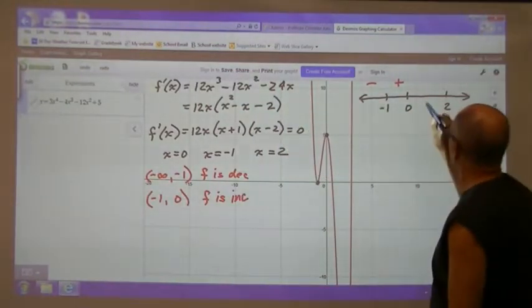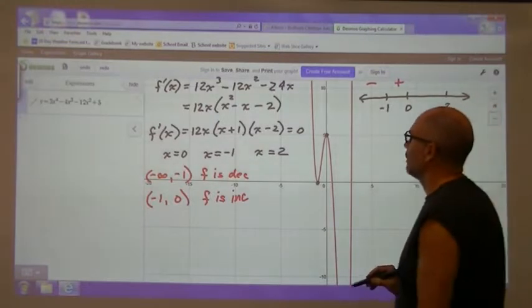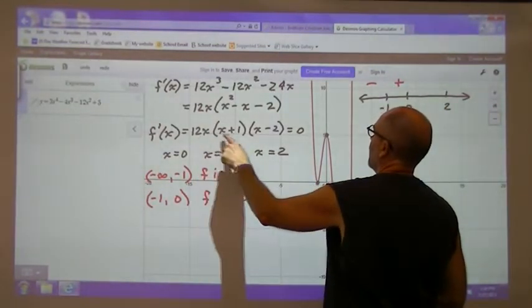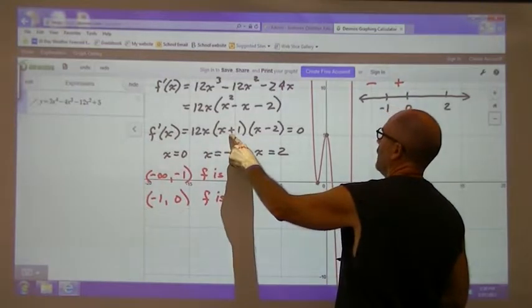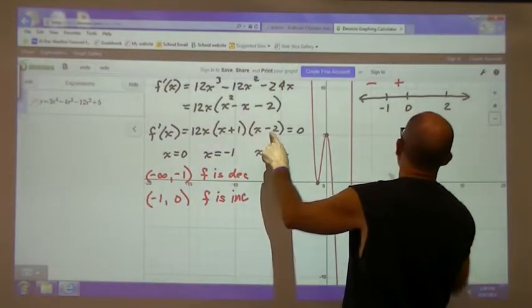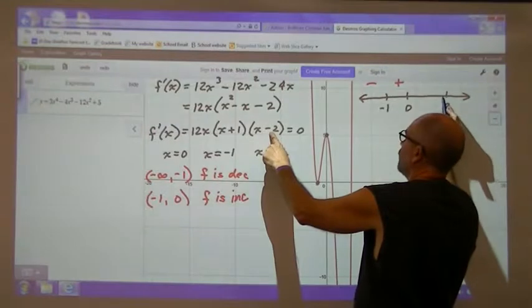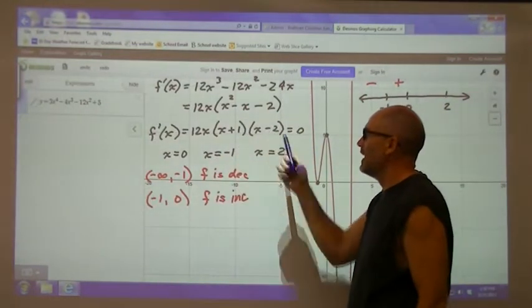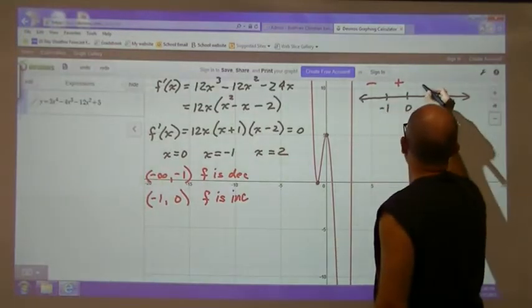Okay, now let's put in a number between 0 and 2. 12 times that number will be positive, plus 1 on that number will be positive, minus 2, well, it's not as big as 2, so when I subtract 2, that will be negative. Positive times negative is negative.